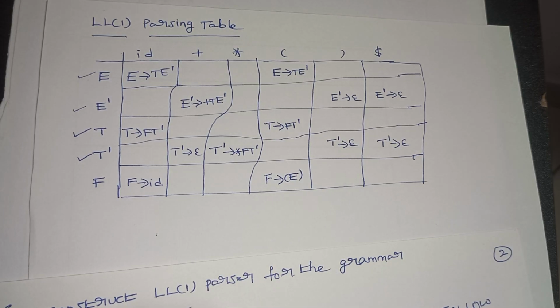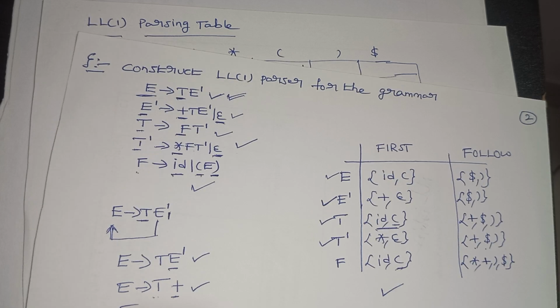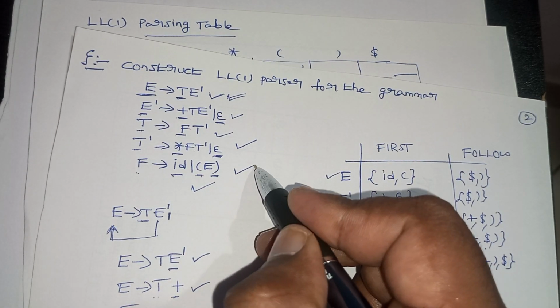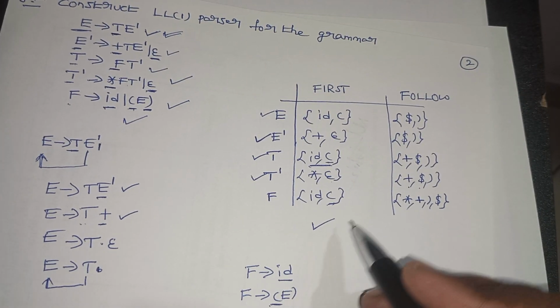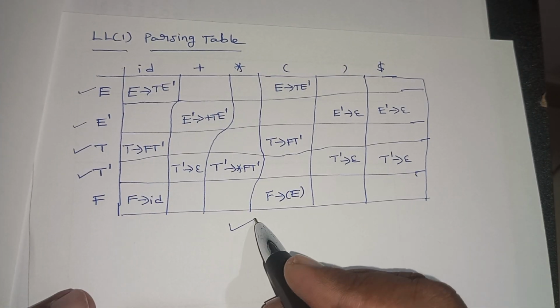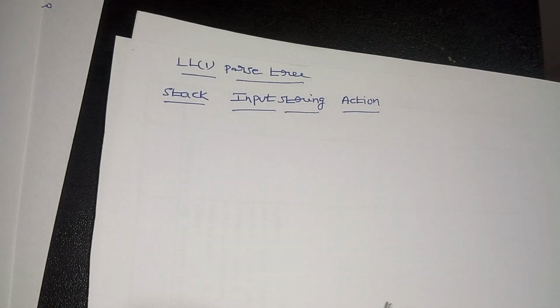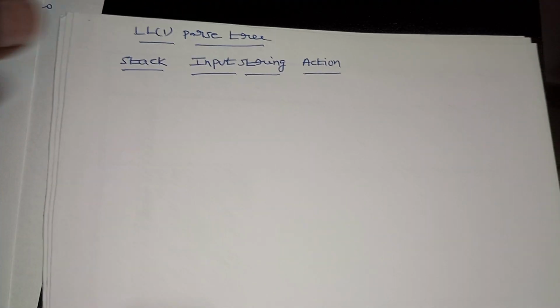Now first of all, they have given one grammar for you. We built the first and follow table. Next we built the LL(1) parsing table. Now using this table you have to construct a parser. You take your own example.